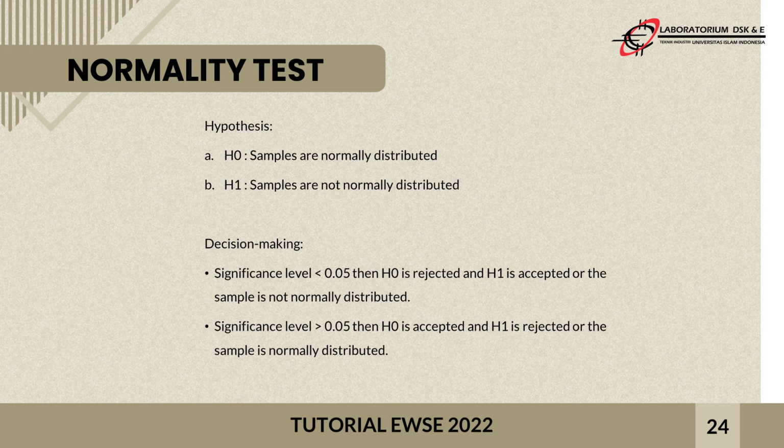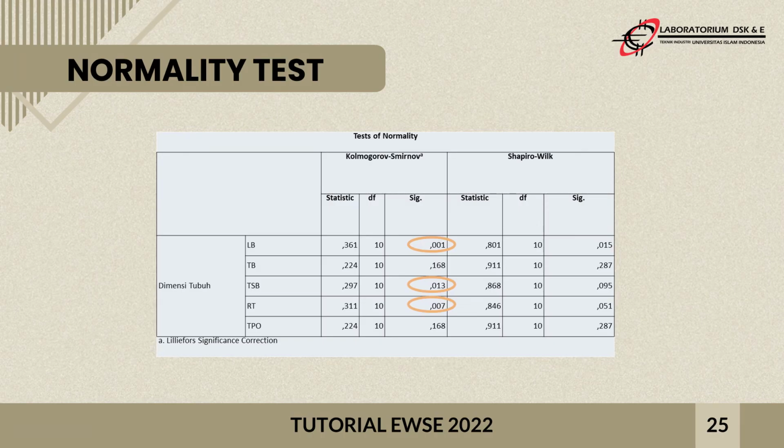If the significance value is more than 0.05, then H0 is accepted and H1 is rejected, or the sample is distributed normally. Please note that in order to process the next stage, we must ensure that the data is distributed normally.